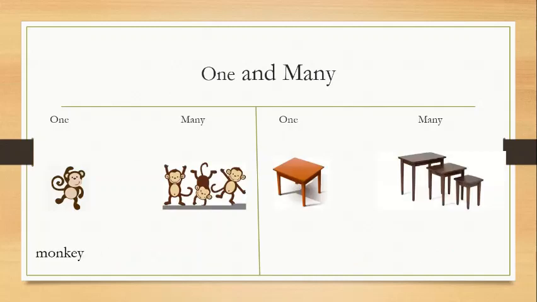Similarly, one monkey, add letter S at the end, many monkeys. One table, letter S at the end, many tables. In all these examples, we added the letter S at the end of the word to change them from one to many or singular to plural.